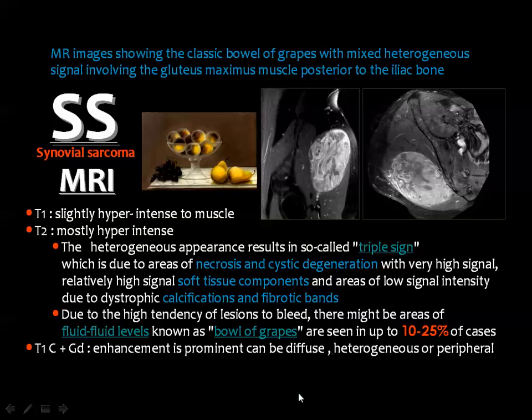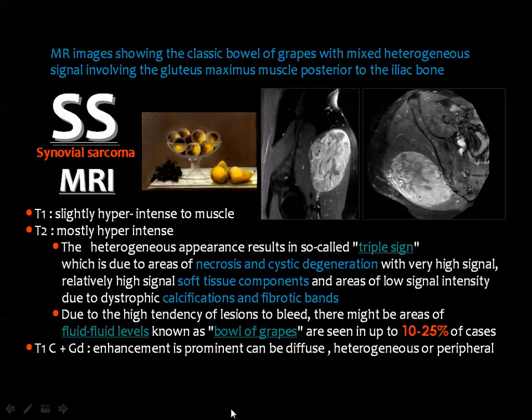These signs include, number one, in MRI T1, the tumor is relatively hyperintense to the muscle; it has an intermediate signal. In the T2 weighted image, the tumor is hyperintense, and there is a mixture of three signal intensities on T2 weighted image, hence the triple sign.